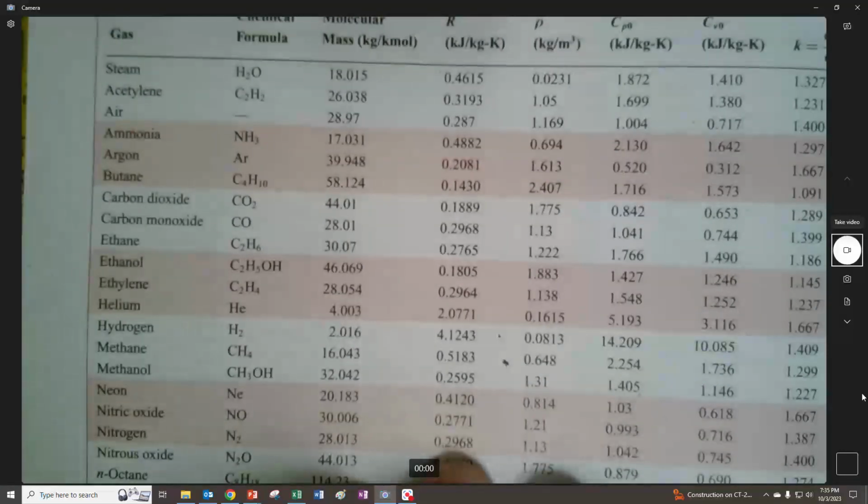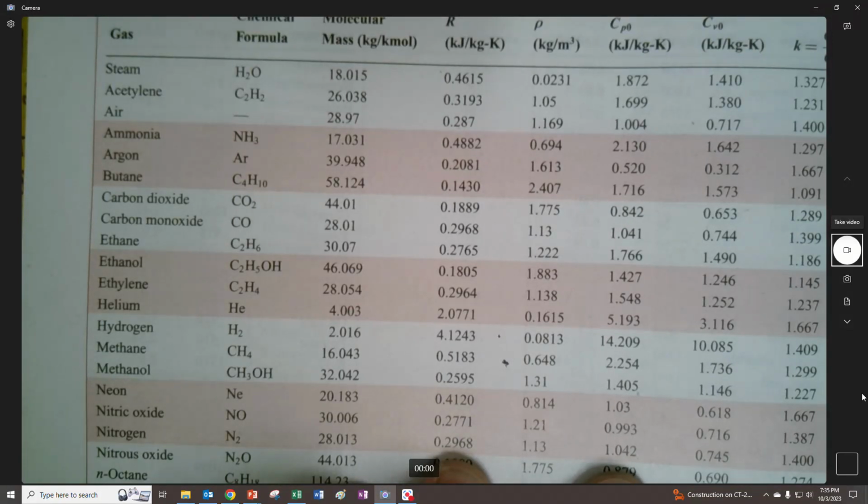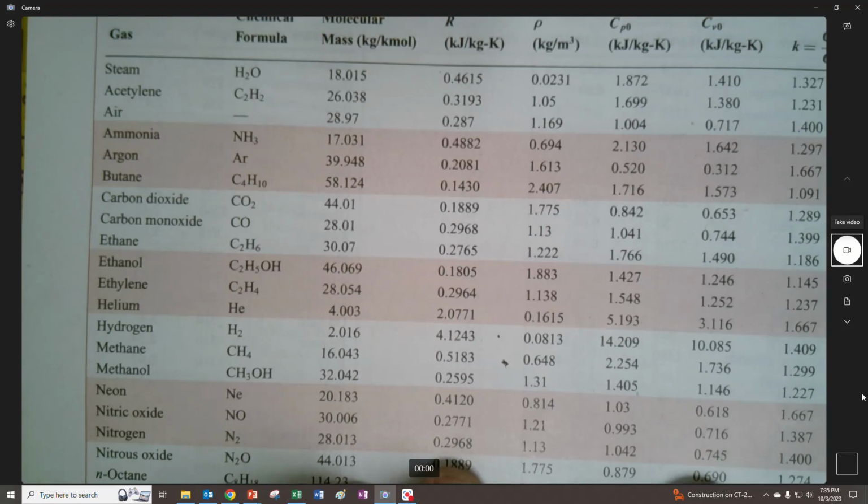While we're here, we might want to check out CP and CV. We're going to need CV for this one, I happen to know. Might as well write both of them down, though.